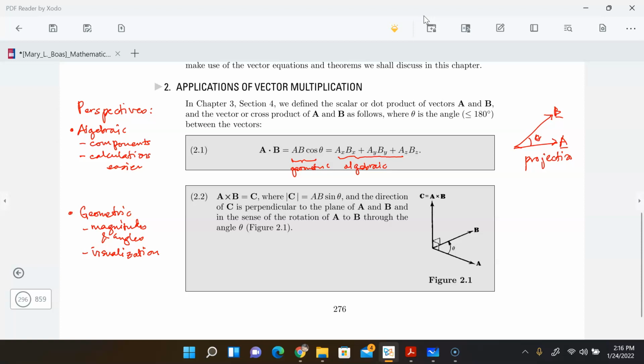Similarly, for your vector product or cross product, you have the usual way, or there is another notation I've already introduced, but probably not in the other class, which is this component form. This carries from what you call the algebraic perspective.